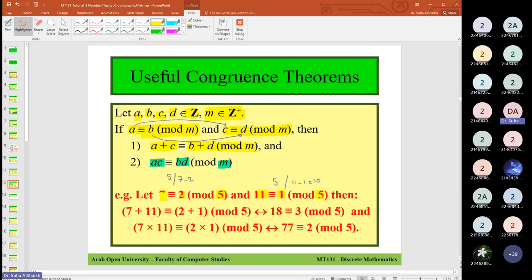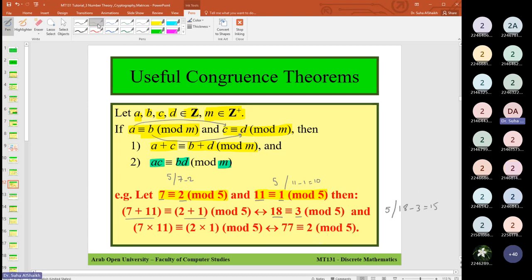So I have this happening and this happening, so according to the theorem, if I add 7 with 11 and 2 with 1, they will be congruent modulo 5. And this is correct: 7 plus 11 is 18, 2 plus 1 is 3, and they are congruent modulo 5 because 5 is dividing 18 minus 3, which is 15.